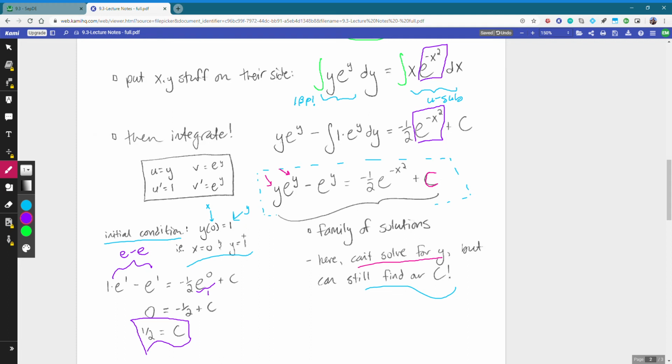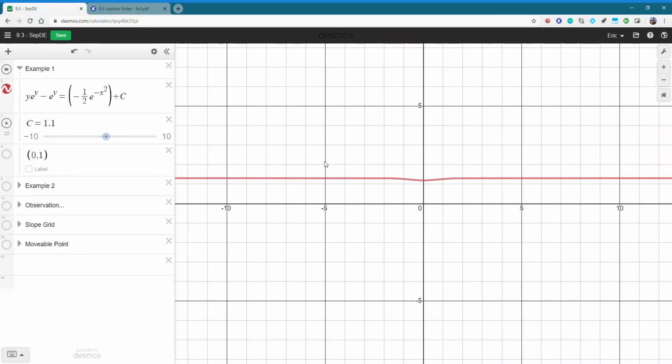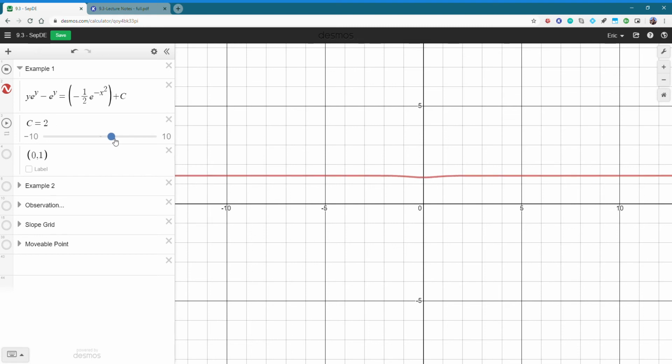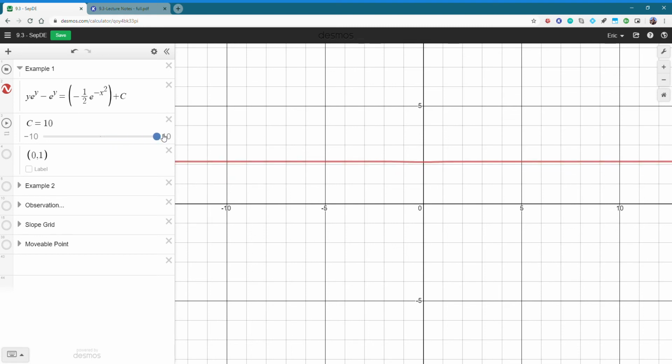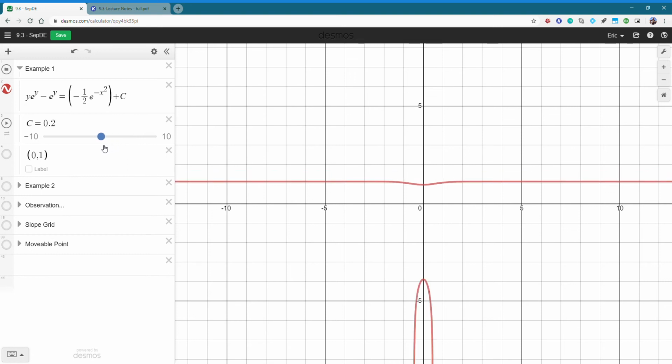Now here we can actually use Desmos to get a look at what sort of curves are defined by our equation here, and kind of watch this initial condition get solved. Let's bring that up. So here on the left, I have our equation for our family of solutions, and here I made c a slider, and so as we move that slider to different constants, we see that we get a different solution curve.